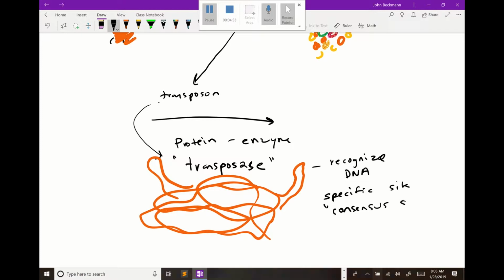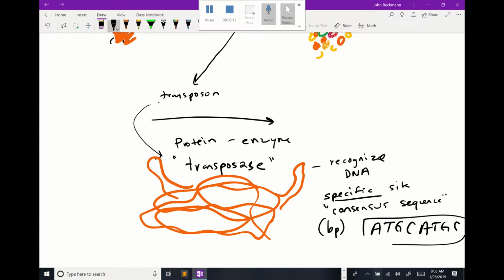Do we know what that means? That means it recognizes a certain specific sequence of base pairs. Like, let's say the consensus sequence was ATGC. That means it recognizes that. That's what it binds to. Now, that's just an example. I'm not saying it recognizes that specifically.